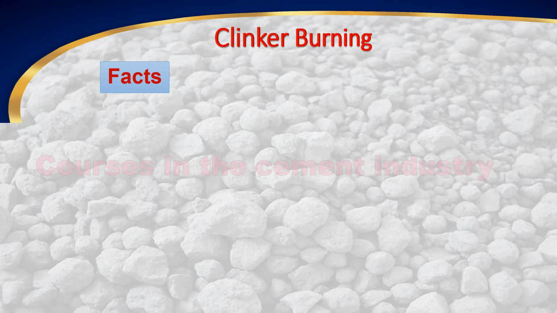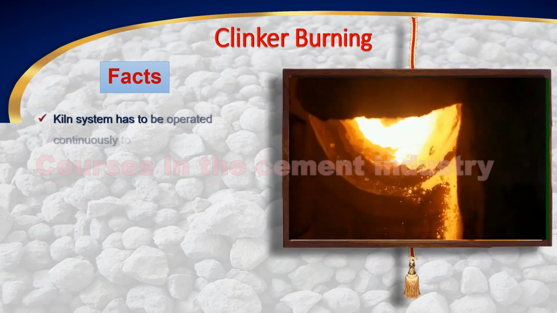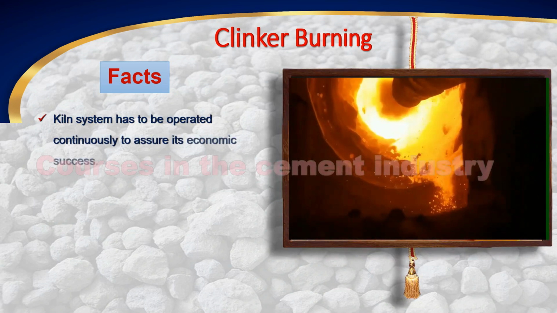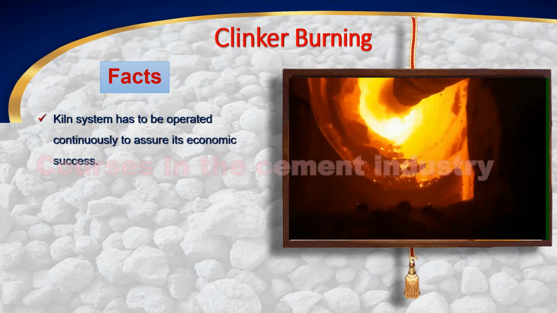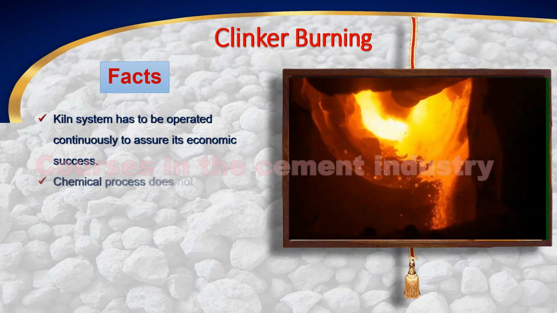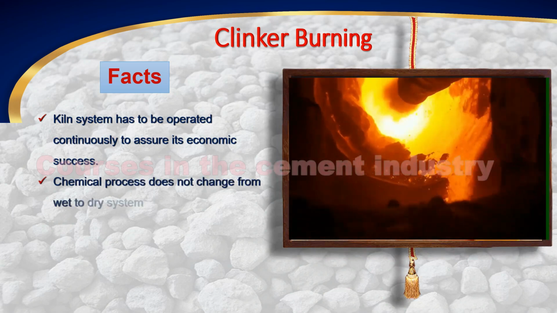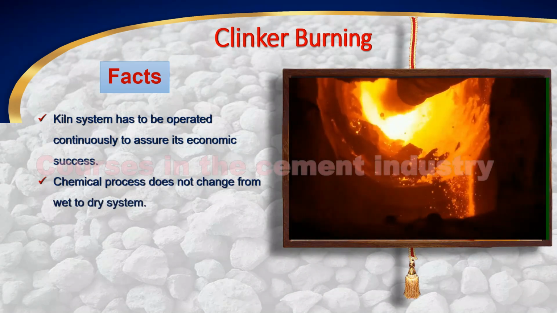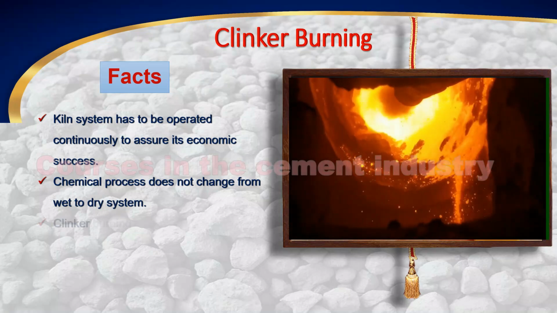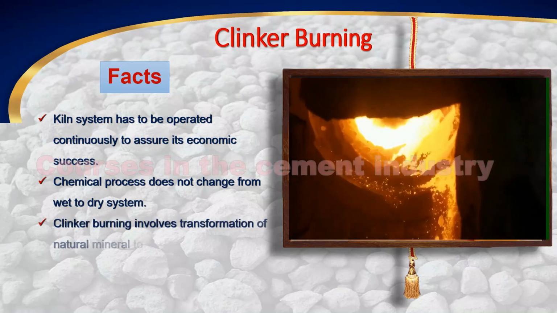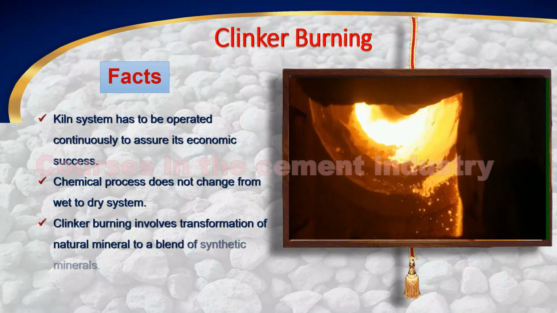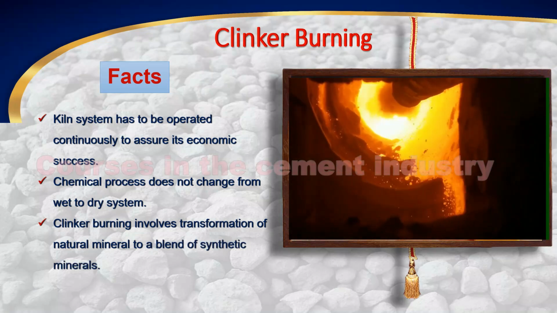Facts. 1. The kiln system has to be operated continuously to assure its economic success. 2. The chemical process does not change from wet to dry system. 3. Clinker burning involves transformation of natural minerals to a blend of synthetic minerals.